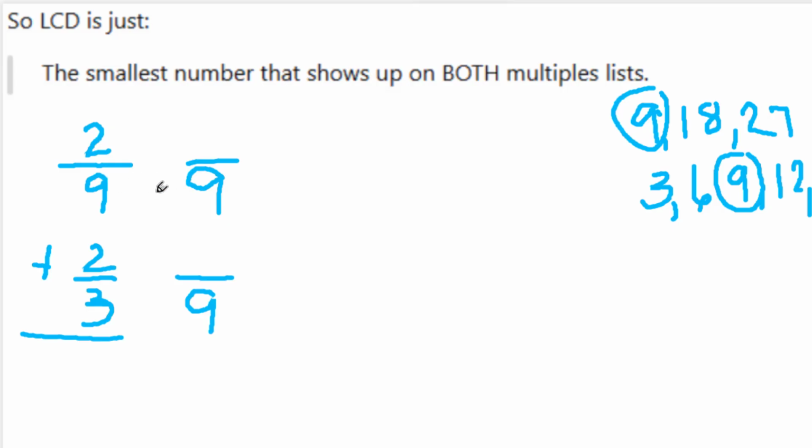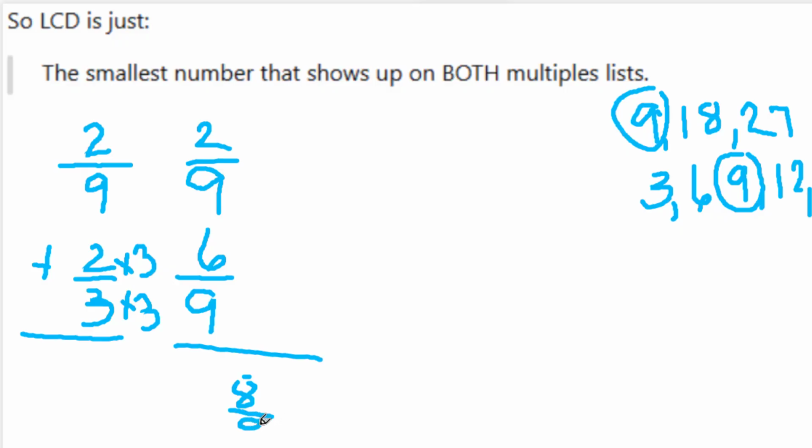This one we did not change at the top, so we leave it alone. And the 3, we have to multiply it by 3 to get a 9. We're just making it 3 times bigger. And 2 times 3 is 6. Now we can add, because our denominators are the same: 6 plus 2 is 8. And our common denominator is 9. And that would be 8 9ths.